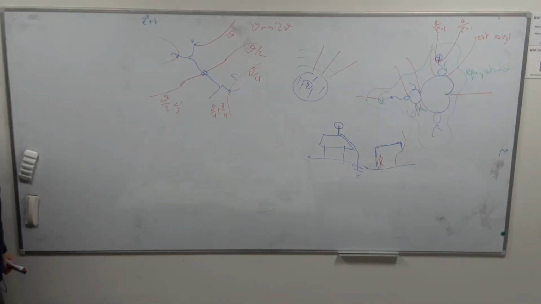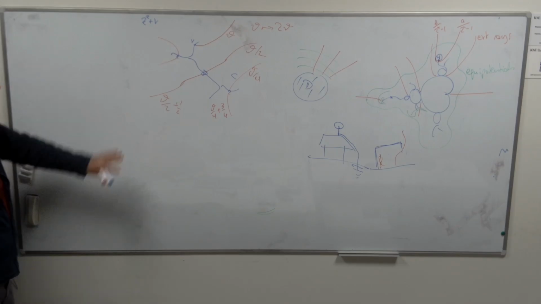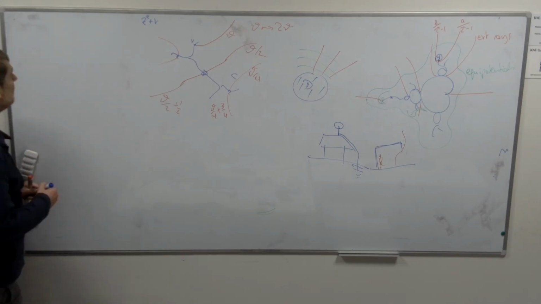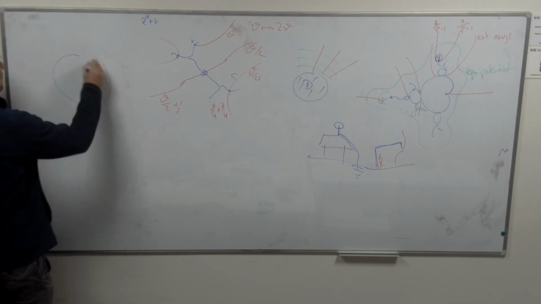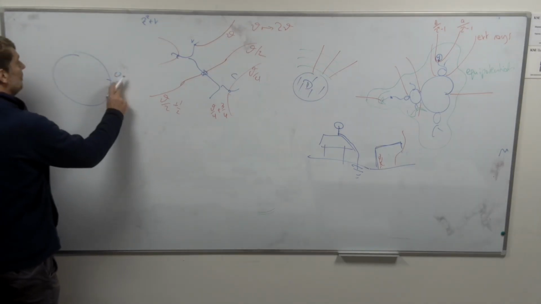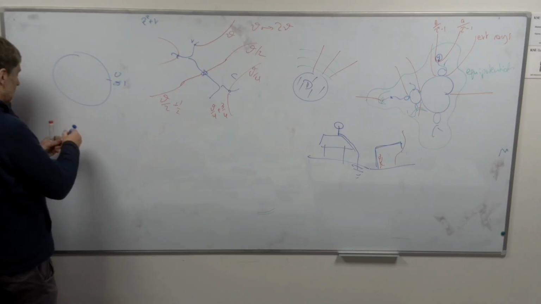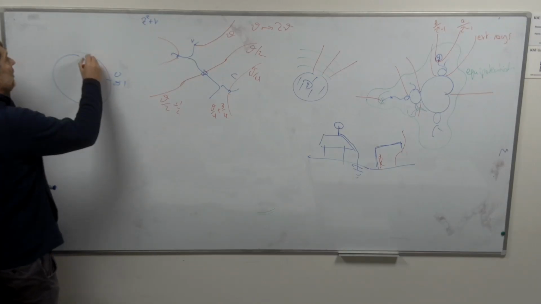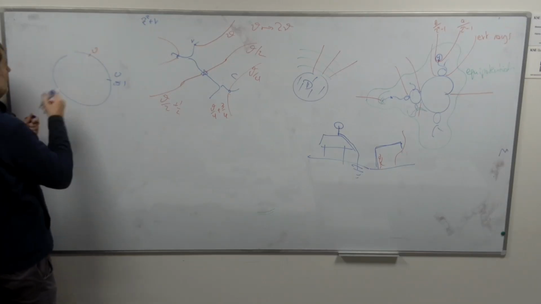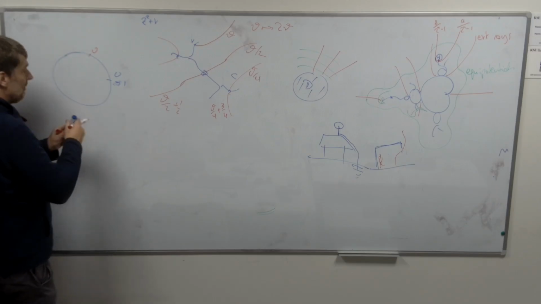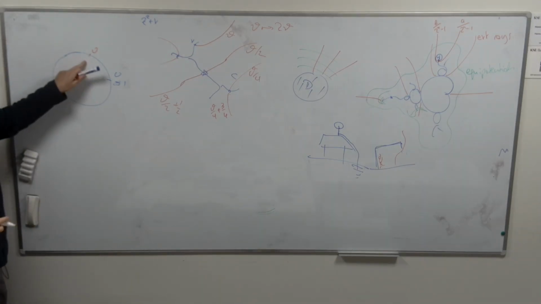So we don't know the exact location, but we know this. We could, but we want to do topology anyway. So let me try to model this. Zero equals 1 is here. So we only know the angle theta. And that's the only input.